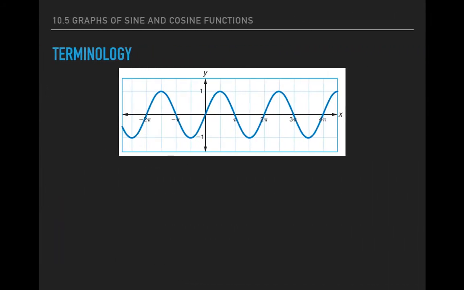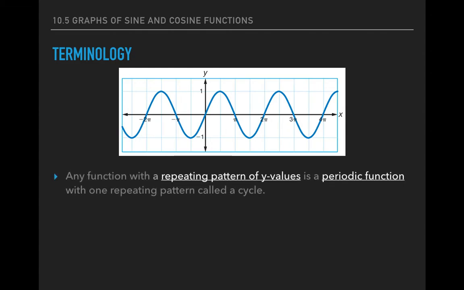A bit of terminology here when talking about sine and cosine functions. Any function that has repeating patterns in the y values is called a periodic function. So these are periodic functions because they repeat. And that one repeating pattern is called a cycle.